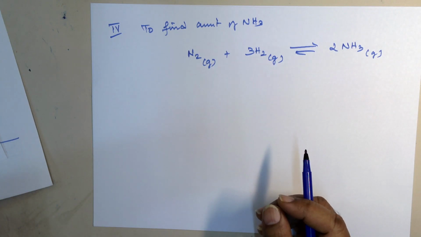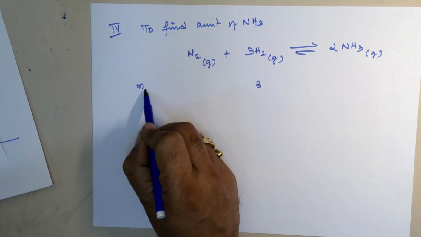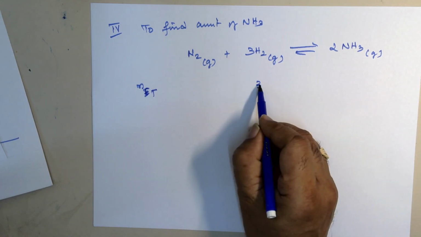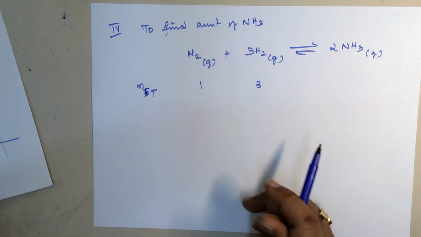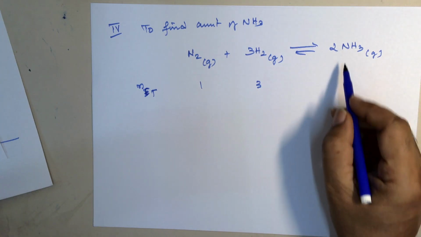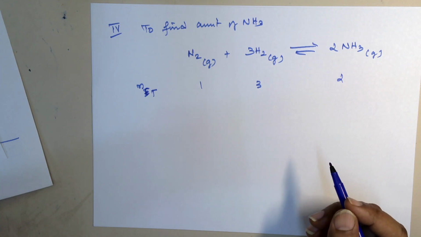Now, the 3 moles of hydrogen, here 3 moles. The experimental is not experimental, the theoretical. Moles is 3. And here you have got only 1 mole, right? So, 3 moles of hydrogen gives 2 moles of ammonia. Got this point? Okay.